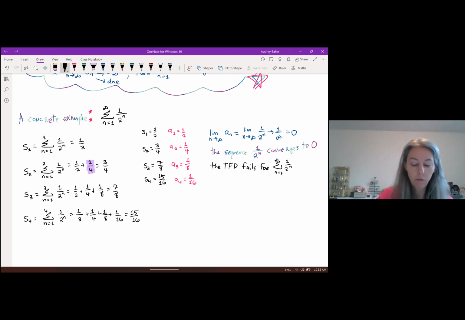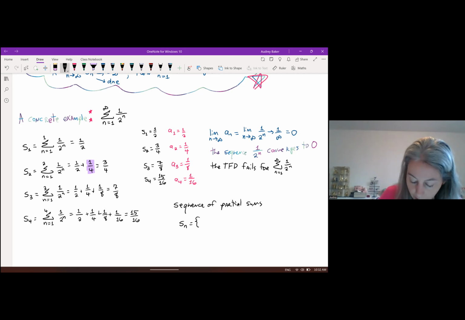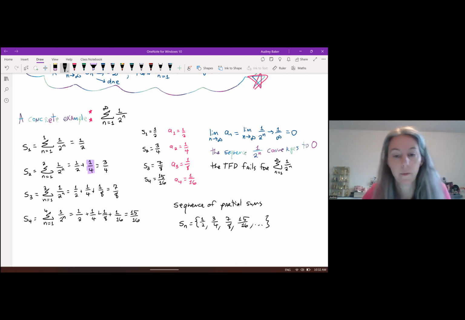So now we're looking at these partial sums, so we can create our sequence of partial sums. The sequence of partial sums here is S sub n, and that S sub n is the sequence 1/2, 3/4, 7/8, 15 over 16, and so on and so forth forever.